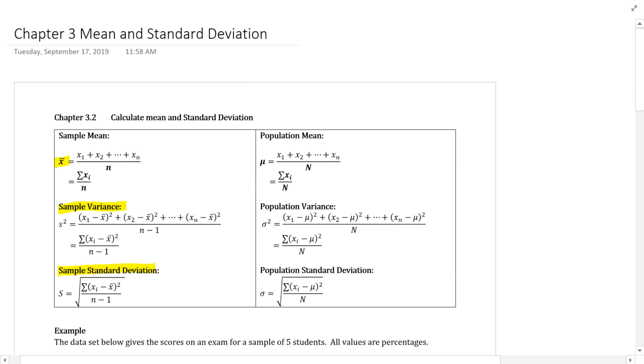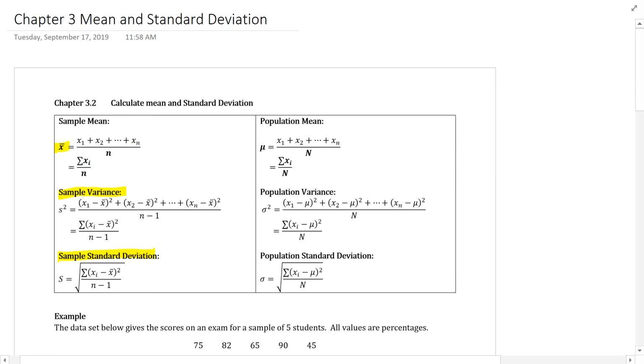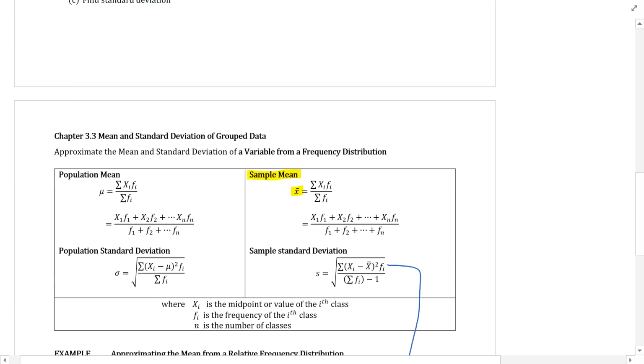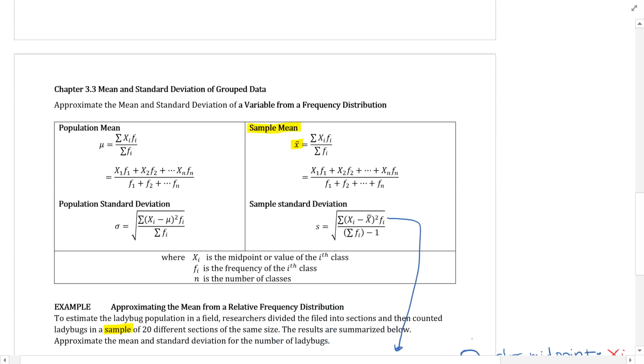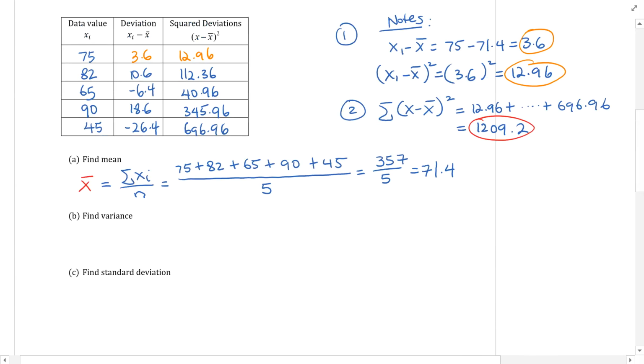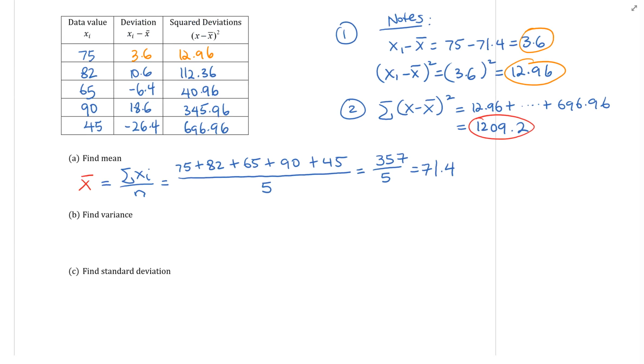Again, the variance formula is summation of xi minus x bar squared over n minus 1. So let's write that right here. The sample variance notation is s squared, and that is equal to summation of xi minus x bar squared over n minus 1.